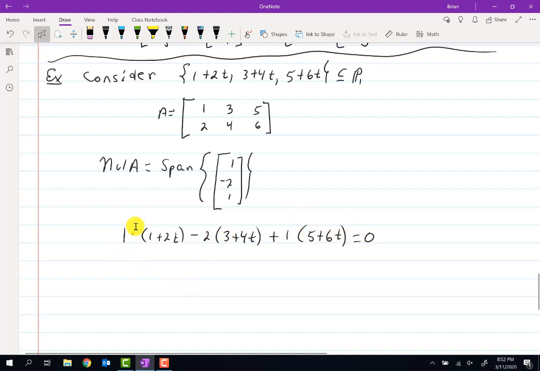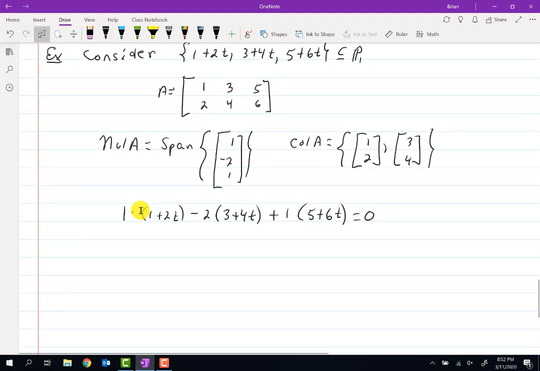Then for the stuff attached to t, I'll have 2 minus 8 will be negative 6 plus 6. And we also know that the column space of A was equal to the span of (1, 2) and (3, 4).